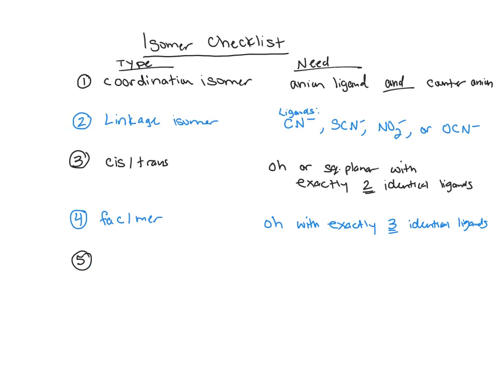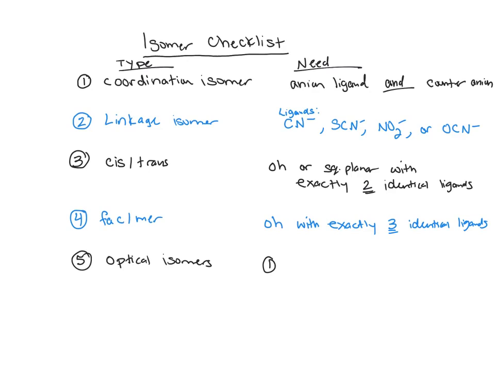The last type, we have optical isomers. And again, when you get into organic chemistry, or if you Google lots of different optical isomer videos, you'll see many examples out there. The three that I'm going to test you on that you'll also see in your homework, we will recap here.